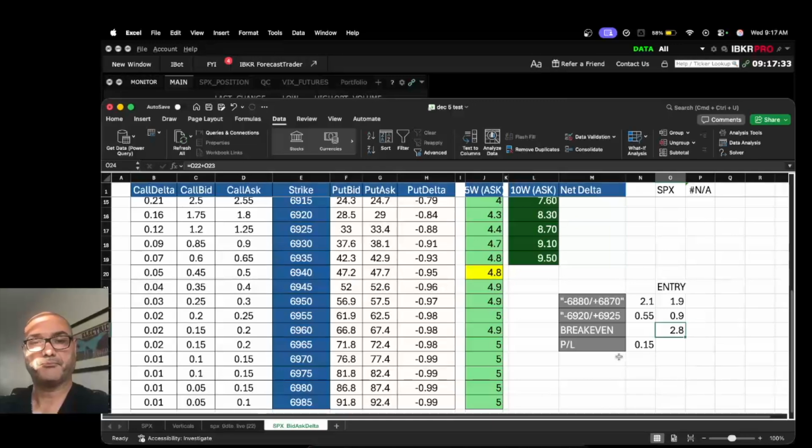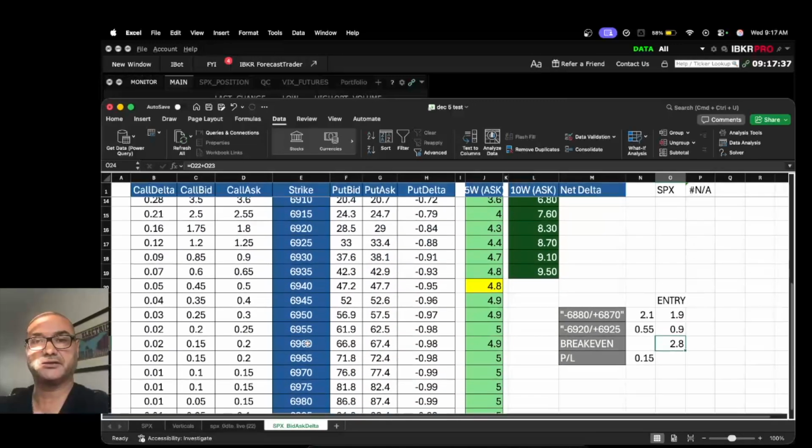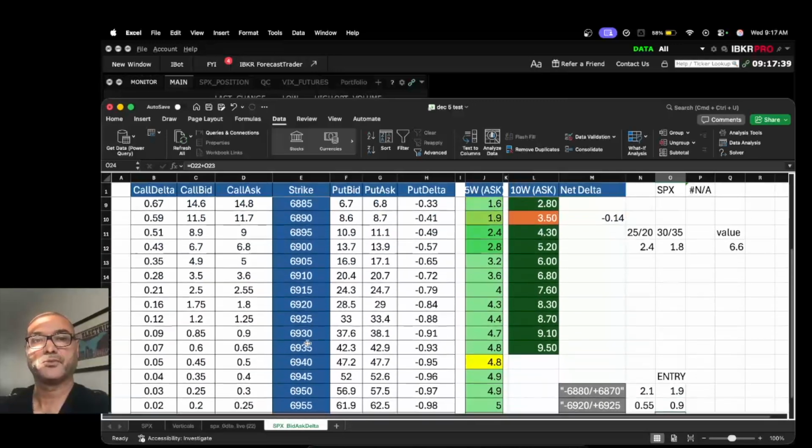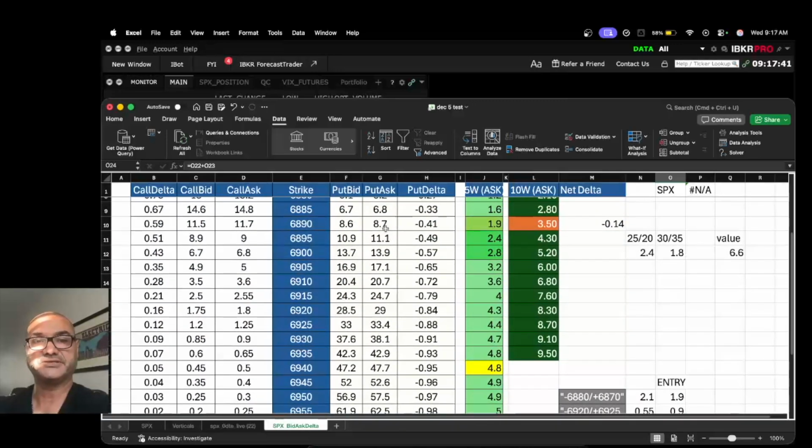All right, prices rallied after that. Spot went from 68.90, basically almost a 30 handle rally, got up to 69.18.